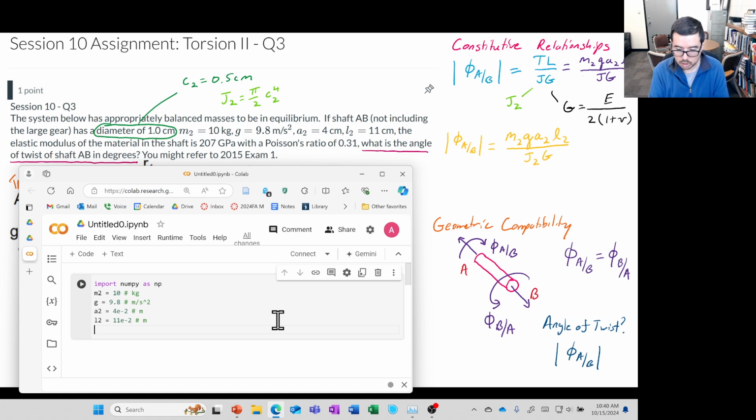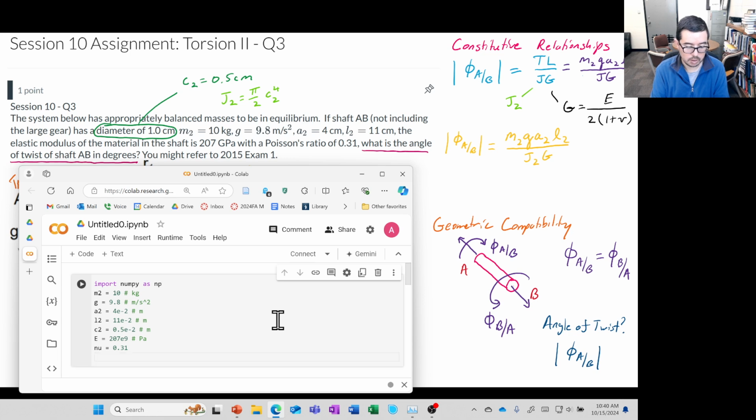We need a G and a J2. For J, we need a C2, which is going to be 0.5, in centimeters. The G is going to need an elastic modulus, so that's 207e9, which will give us units in pascals, and the Poisson ratio nu is 0.31.